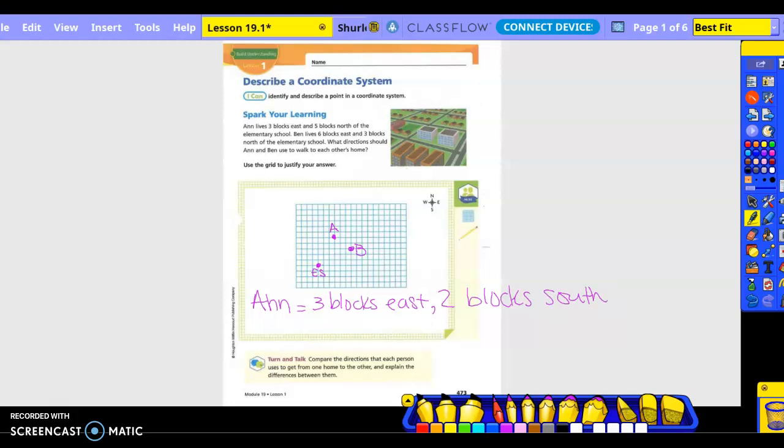Could she also do the 2 blocks south and then 3 blocks east? Yes. You could reverse those.